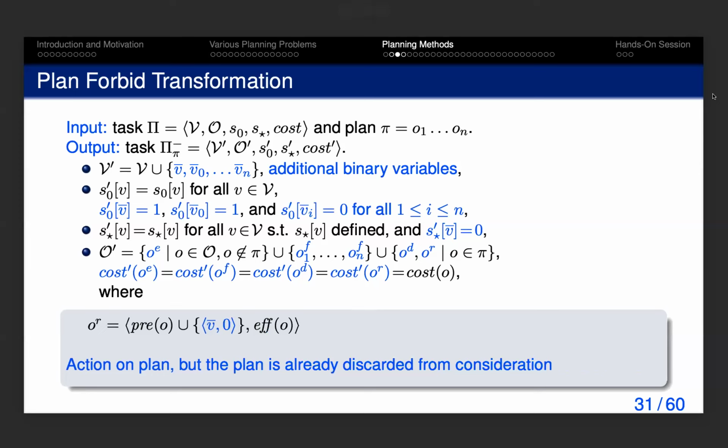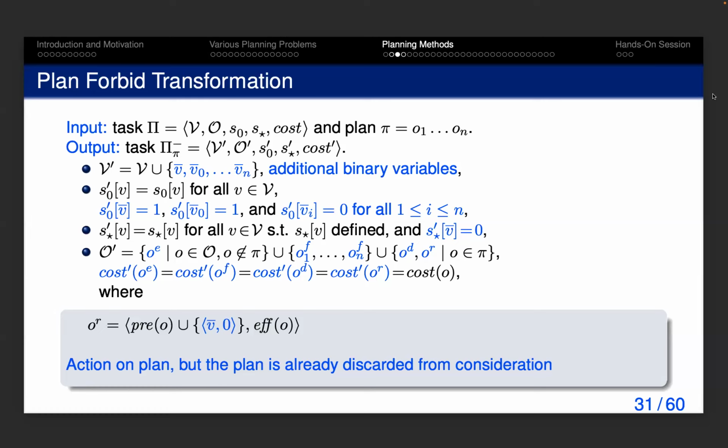And the last one: if we already discarded the plan from consideration and we execute another action from that plan, you just continue, because we already discarded it. So the precondition is already v overline 0, and we don't need to add anything to that.